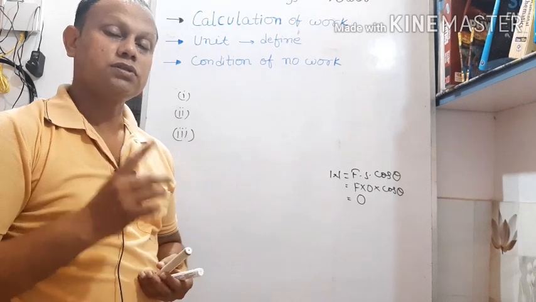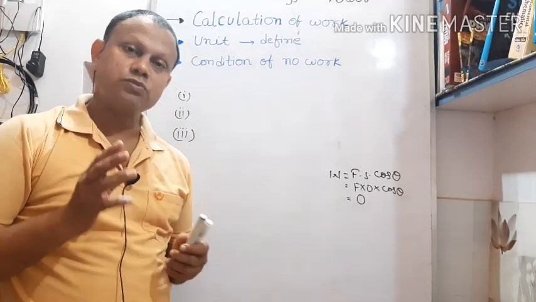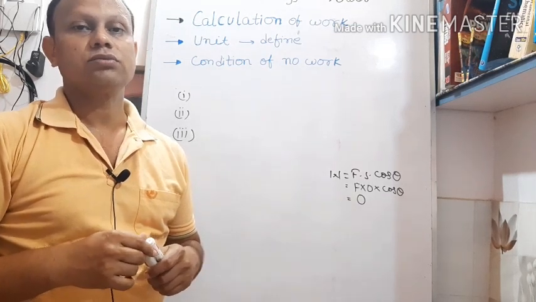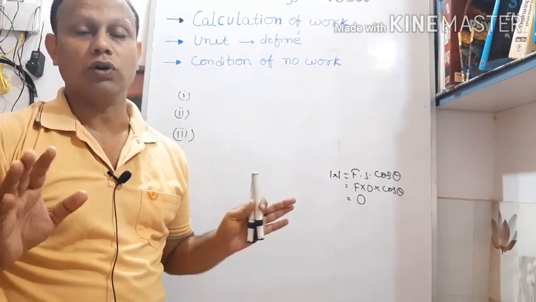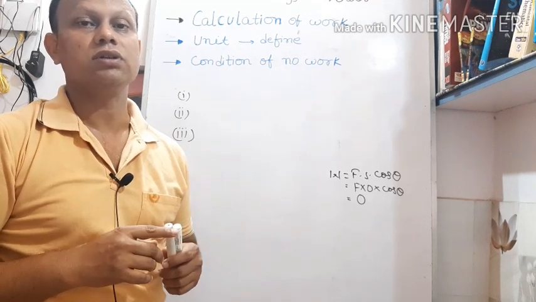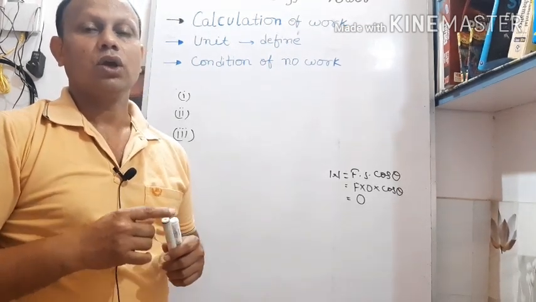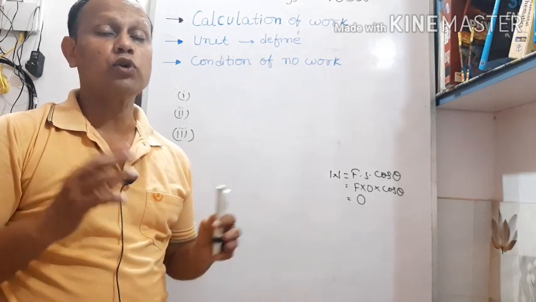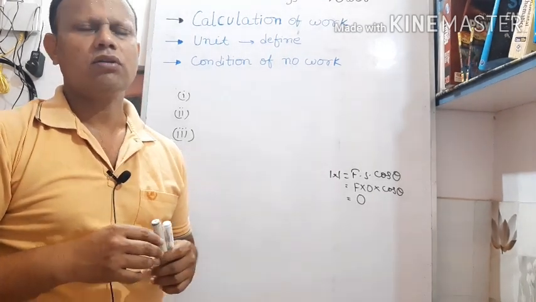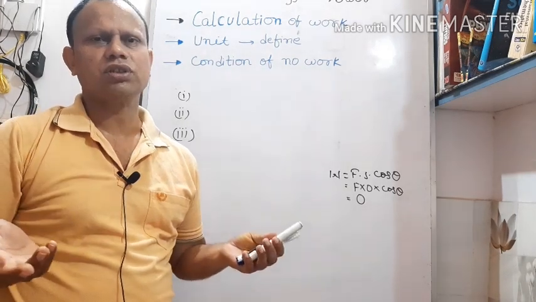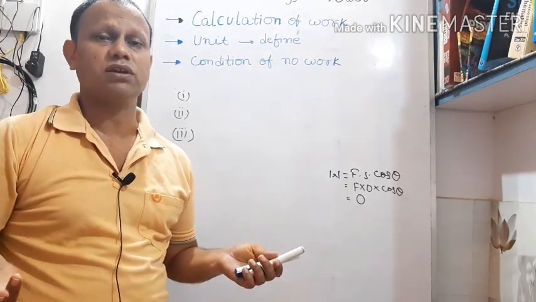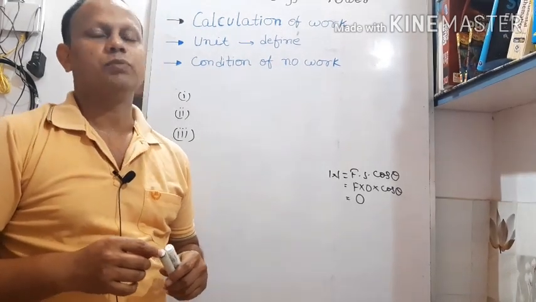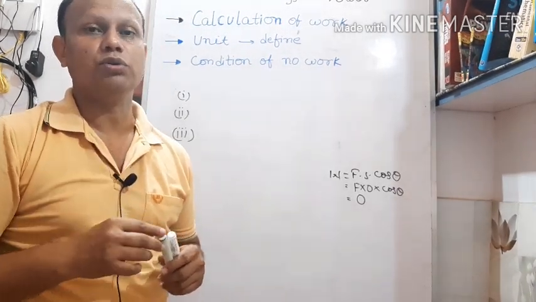So the first situation is one in which force is being applied, but that force is not bringing any displacement in the object, so the force is doing no work. Second situation, when displacement is observed in the object, but the force is not there. Can you imagine a body that is moving, doing displacement, but no force is there? Yes, it is possible in case of uniform motion.